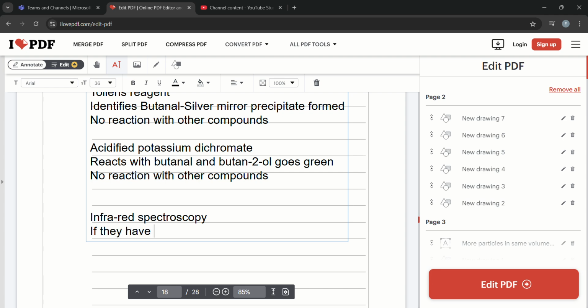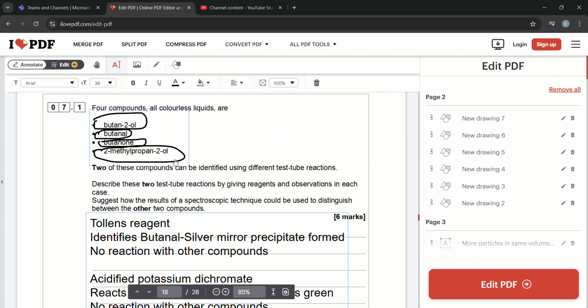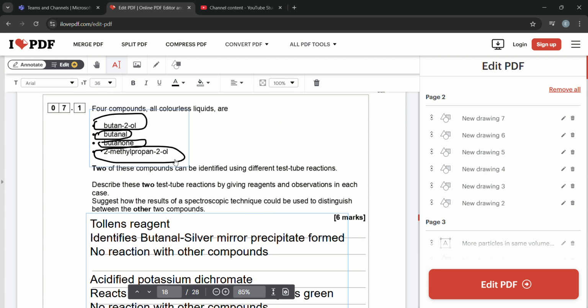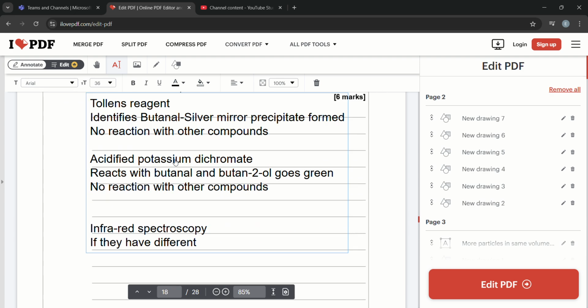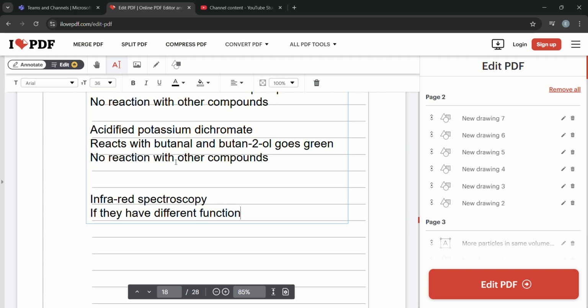If they have different functional groups, which, let's think about it, 2-methylpropan-2-ol and butanone, yeah, they definitely have different functional groups. If they have different functional groups, I'm going to identify the wave number and bond of the key functional group.